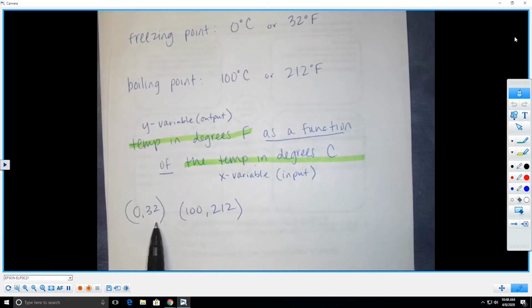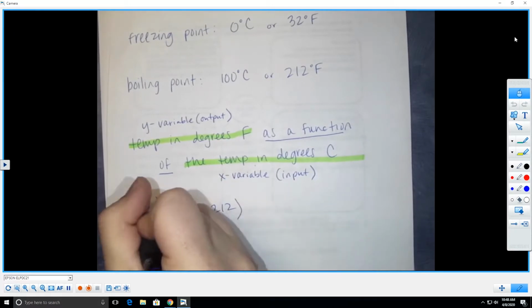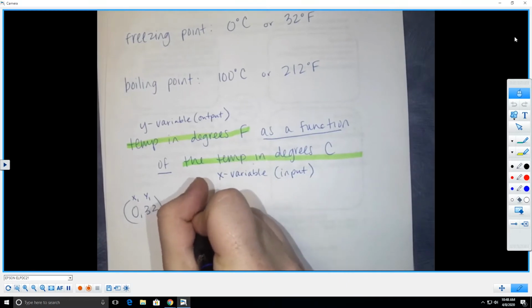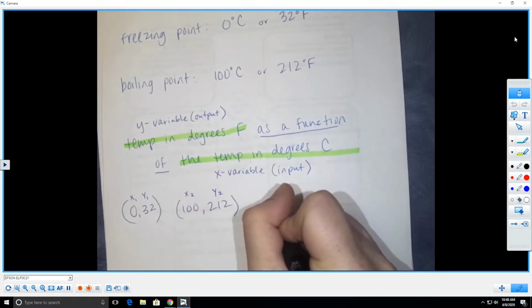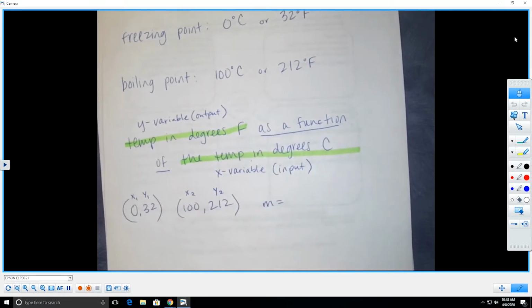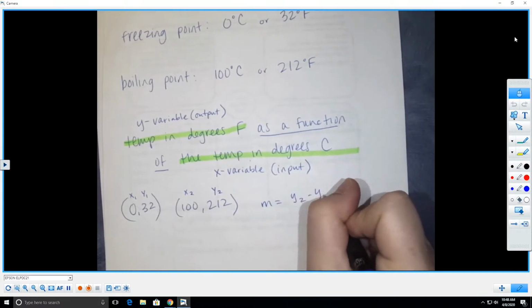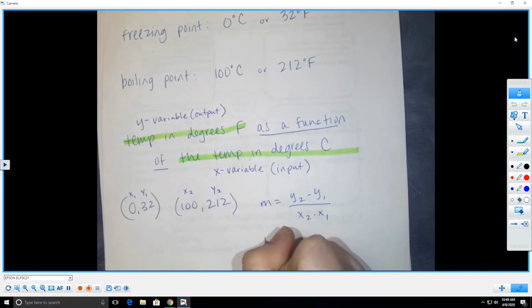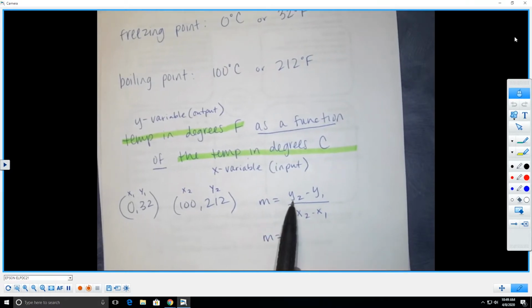Here's what the rate of change would look like. So we are going to use the slope formula to find the rate of change. So I'm going to label this x1, y1, x2, y2, and I'm going to use our formula y2 minus y1 over x2 minus x1. So my y2 value is 212.